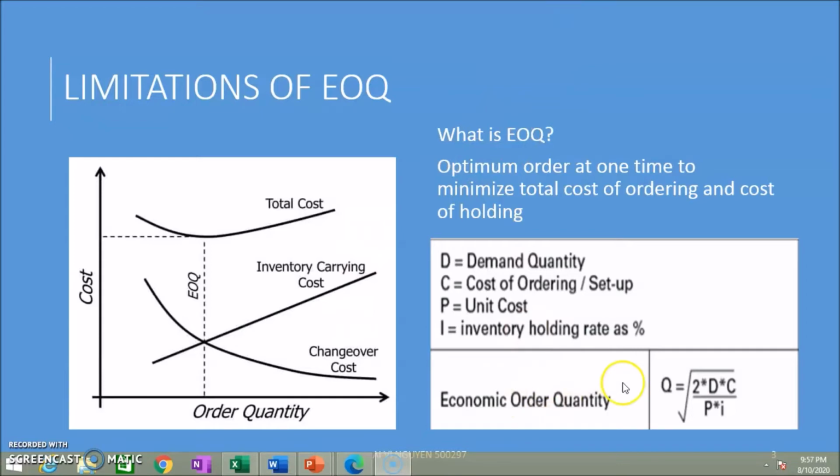And this is the formula to calculate EOQ. We have to know demand quantity. We have to know the cost of ordering and cost of holding. Holding cost will be calculated by unit cost multiplied by inventory holding rate.